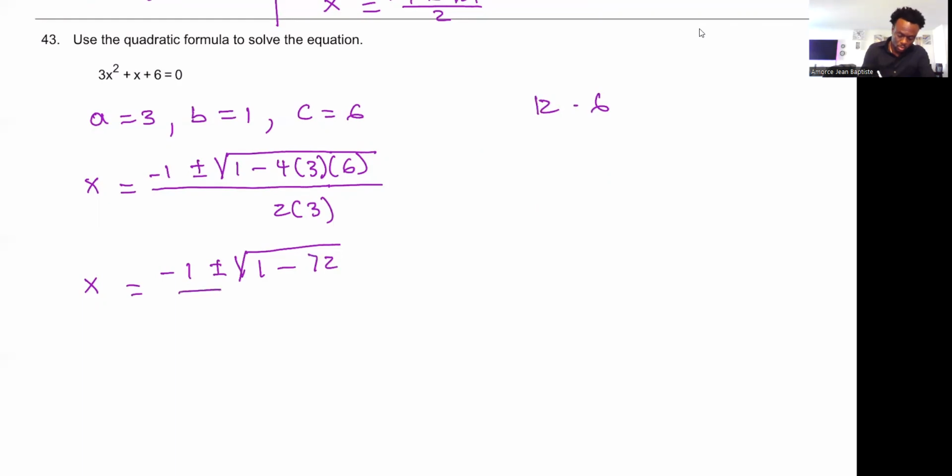Over 6. So x equals negative 1 plus minus square root of negative 71.